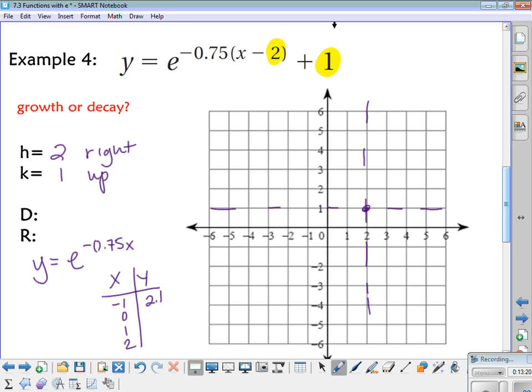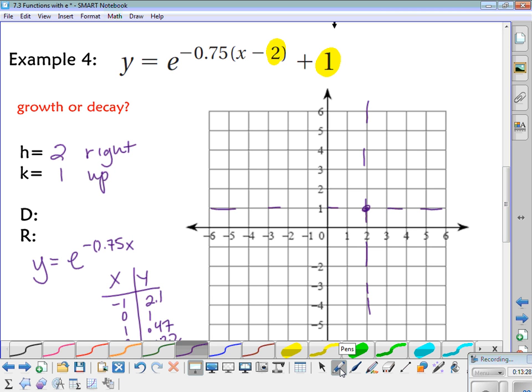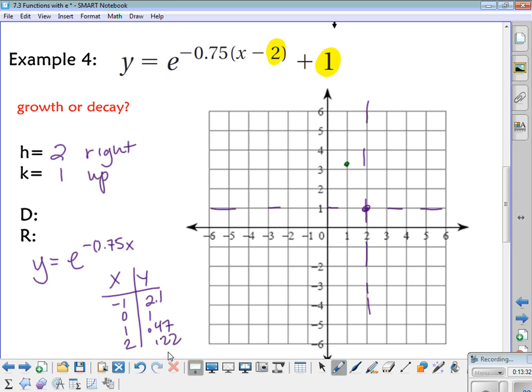At 0 I would just have 1, and then I get 0.47 and 0.22. Again, you pretend that that's your new origin and graph it based on that: -1, 2.1; 0, 1; 1, 0.47; 2, 0.22, and you would graph it from there. Are there any questions? All right, that's it for today then.